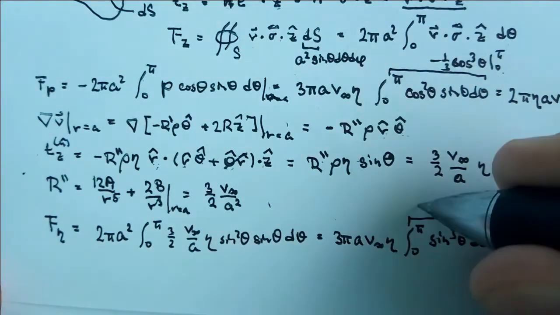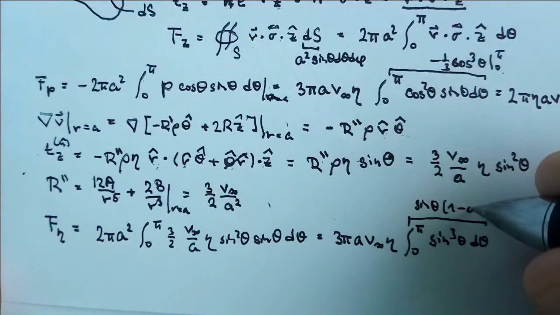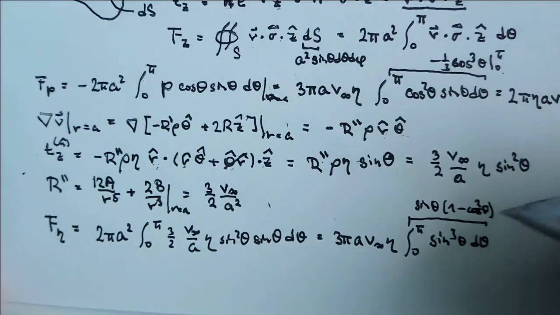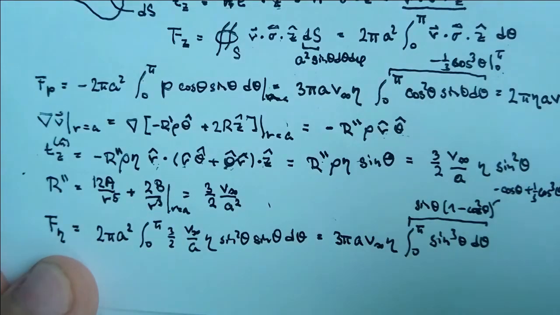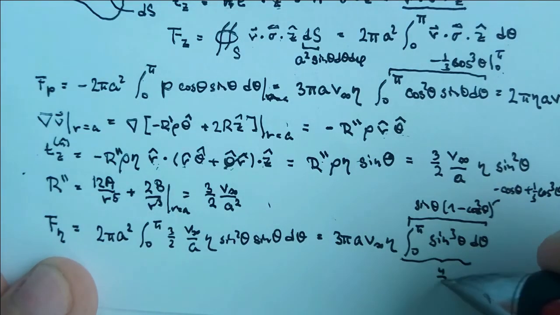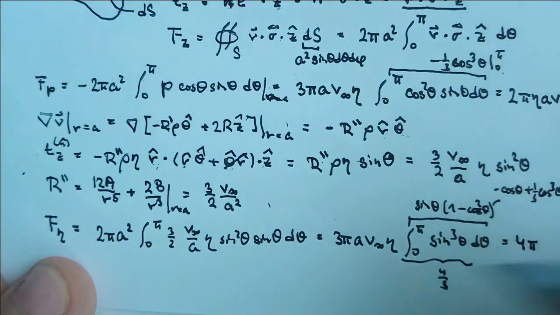This integral is also really simple because it is sine theta times 1 minus cosine squared theta, so the integral must be minus cosine theta plus 1/3 cosine cubed theta. If you substitute in the boundaries, pi and 0, you will get 2 minus 2/3, which is 4/3.